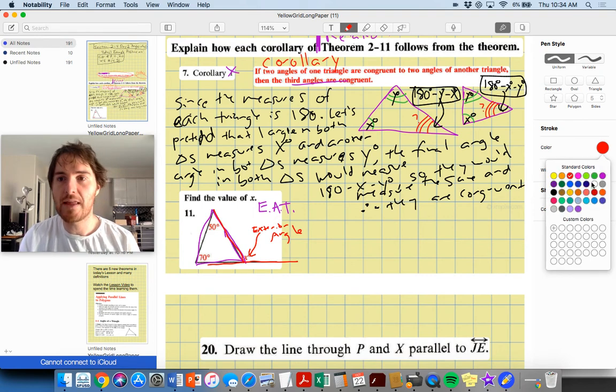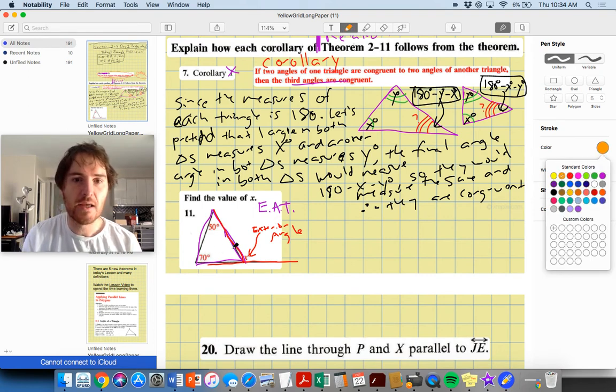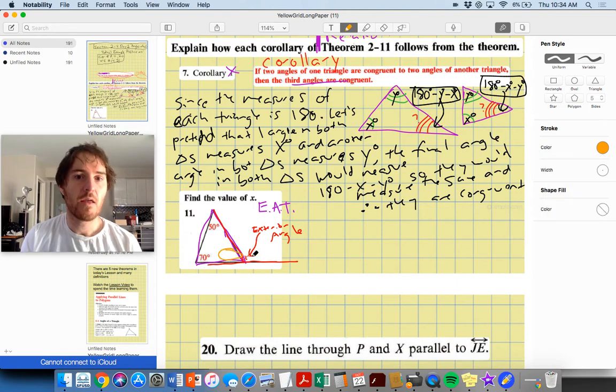First step on this one that I think you would do at this stage is figure out what this is, right? We know that x degrees has to be supplementary to this here because the angle addition postulate tells us that that angle plus this angle equals 180, because the whole thing here is a straight angle, right? If we have a point here, point here, point here, this whole thing is 180 degrees.